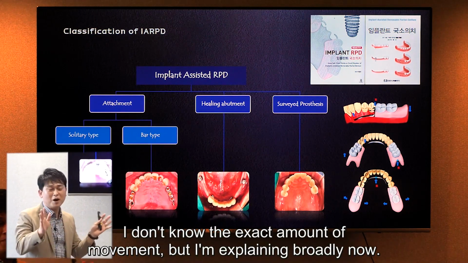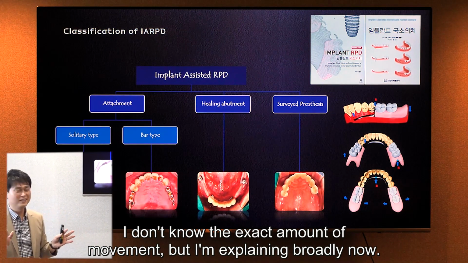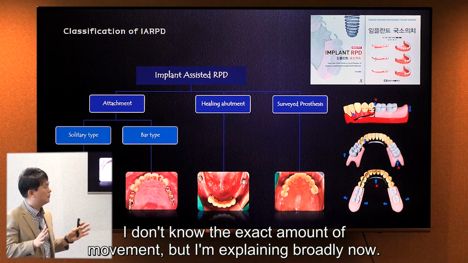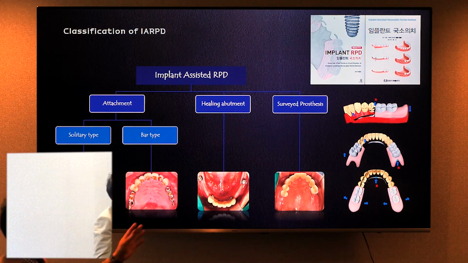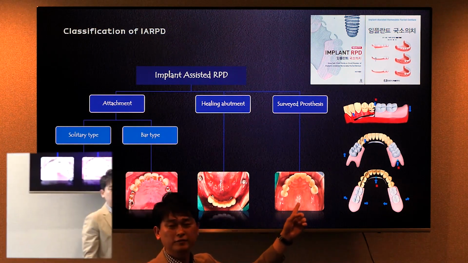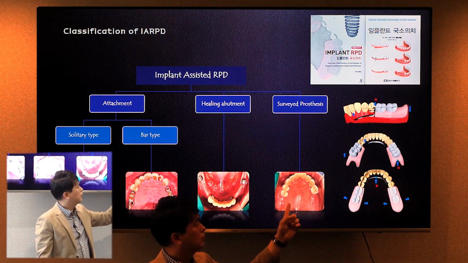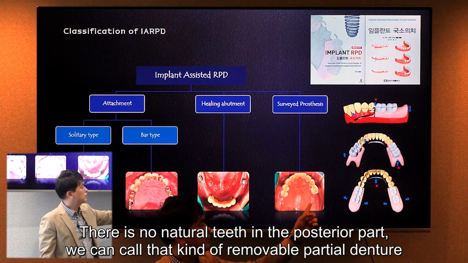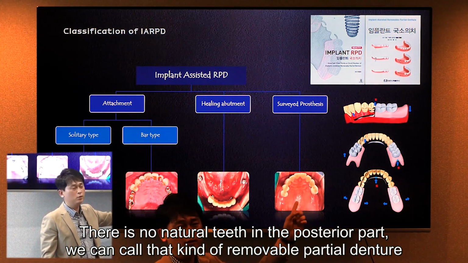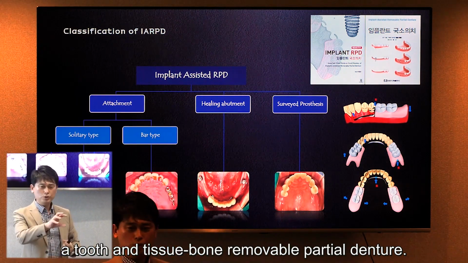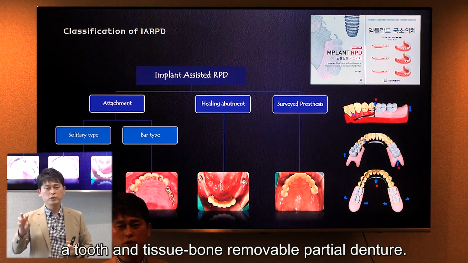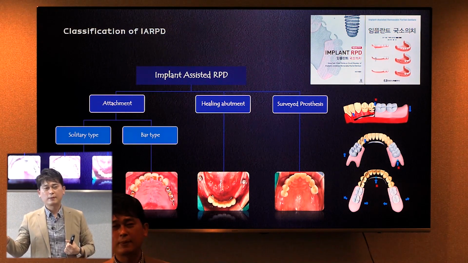I don't know the exact amount of movement, but I'm explaining broadly now. So anyway, in this case, there are no natural teeth in the posterior part. We can say that this kind of partial denture is a tooth and tissue borne partial denture, right?